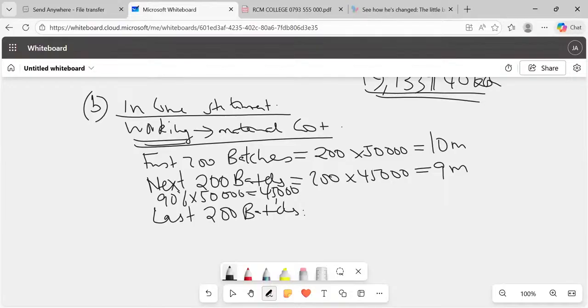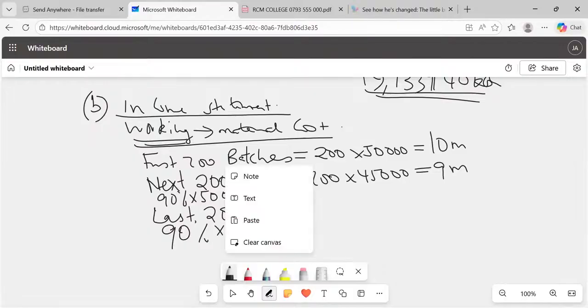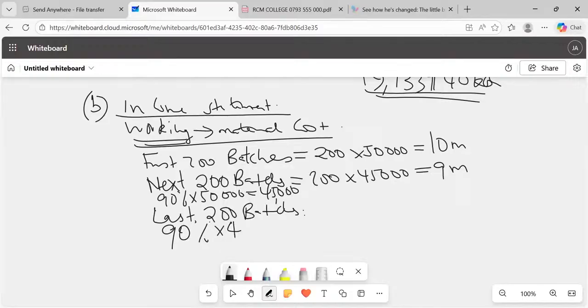So in this case we talk of 90% of 45,000, because this could be different, like the last 180. You end up getting the same answer, but it's good to be careful. So 90% of 45,000 gives us 4,050, which will be 200 times that, which will end up giving us what figure?